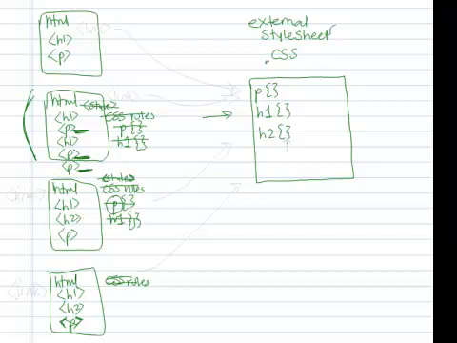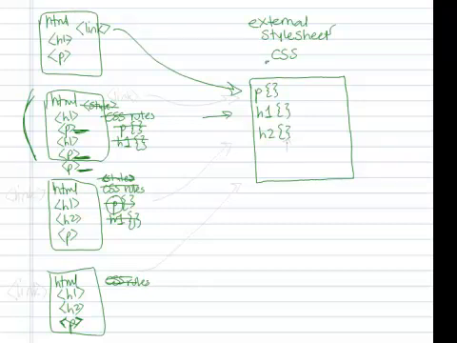But we can't just have HTML pages and a style sheet and hope that the styles from the CSS page get inherited by our HTML pages, right? We actually have to link the two. So in our header, we're going to use a link element that points to my .css.